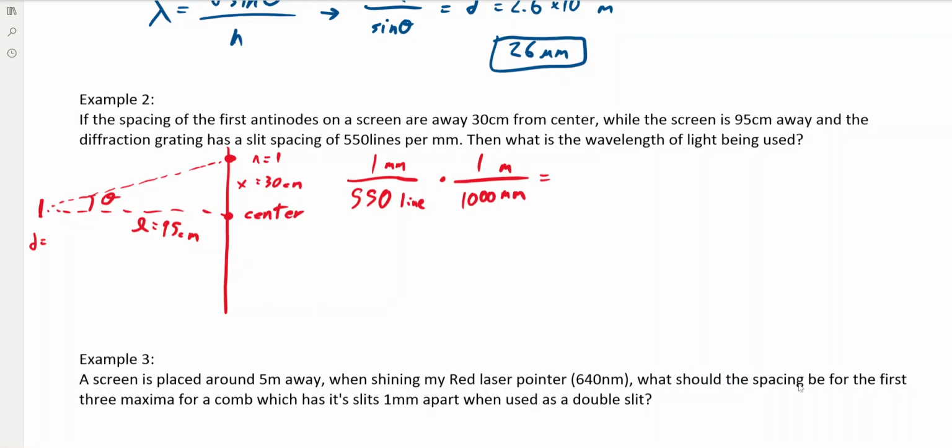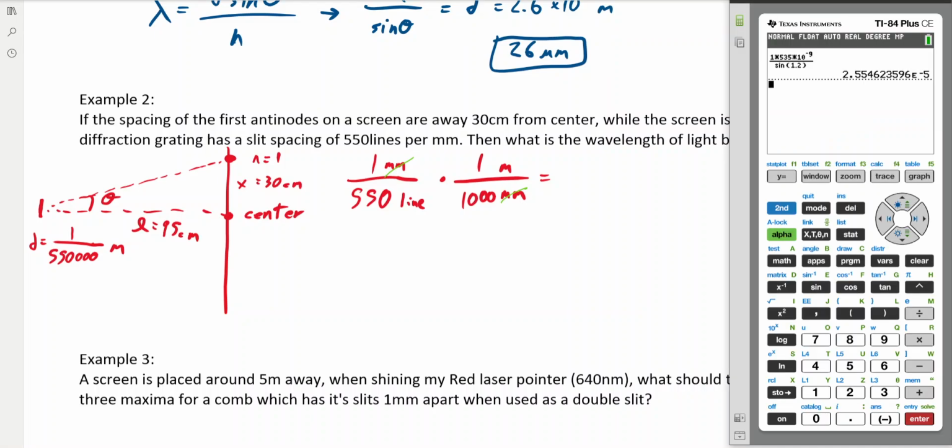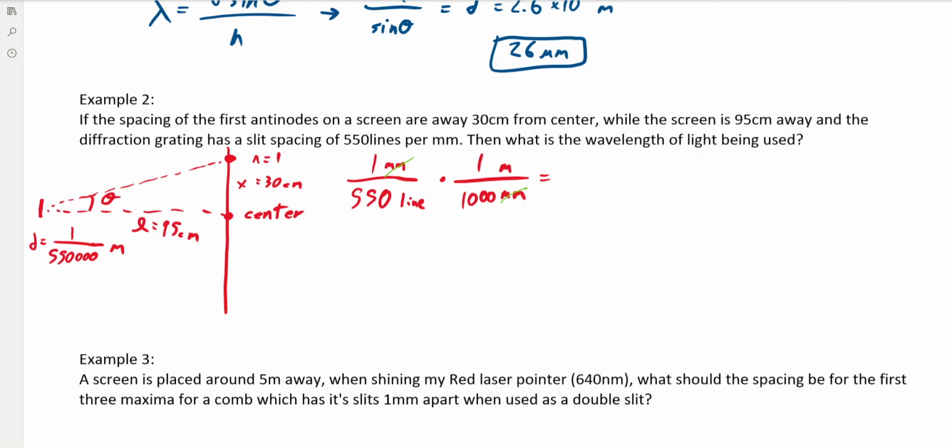Hopefully this makes more sense in terms of unit cancellation. So our spacing is 1 over 550, 1, 2, 3 more zeros, meters. That's how many meters apart it is. So it's a very small number. I'm not going to worry about writing it as a decimal. We'll just leave it as a fraction.